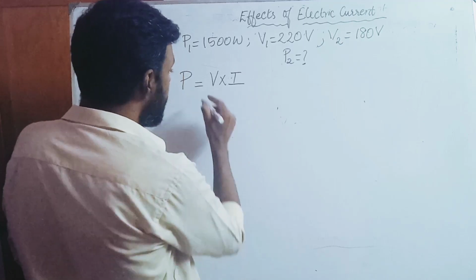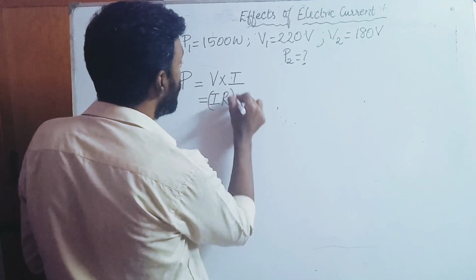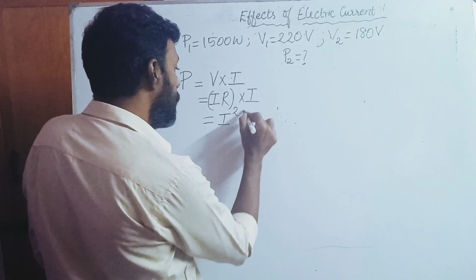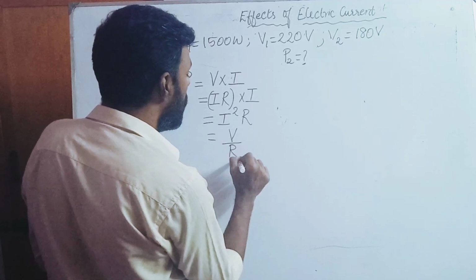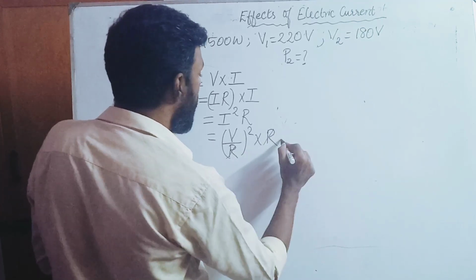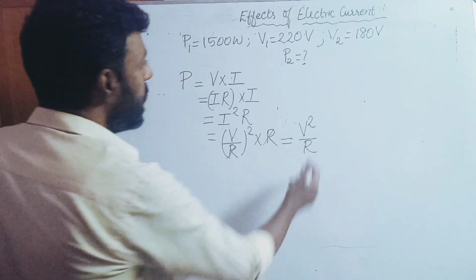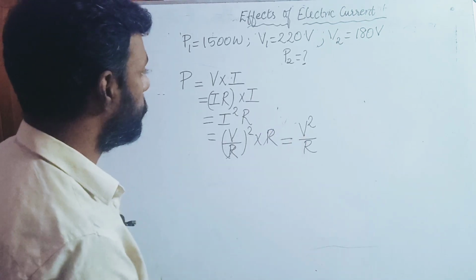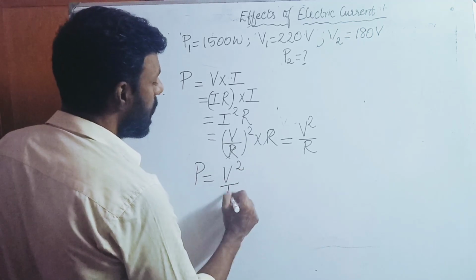Voltage can be expressed as I into R, so I into R into I will become I squared into R. And I can be expressed as V divided by R, the whole squared, into R. So R gets cancelled and I'll be left with V squared divided by R. This is the expression I'll be getting. So P equal to V squared divided by R.